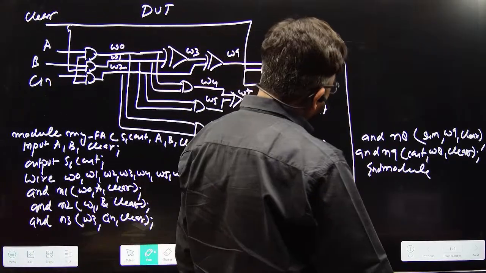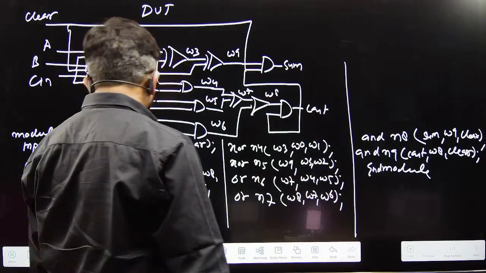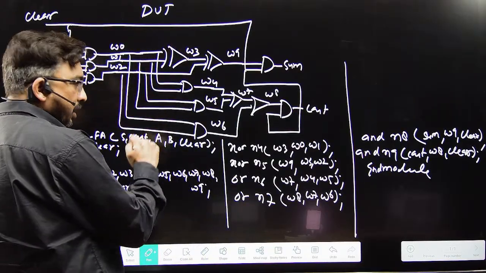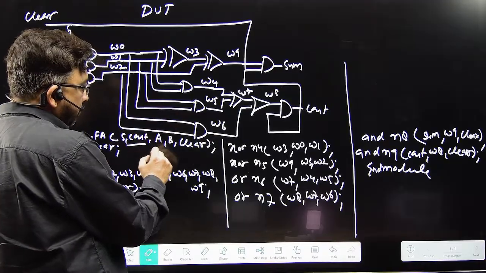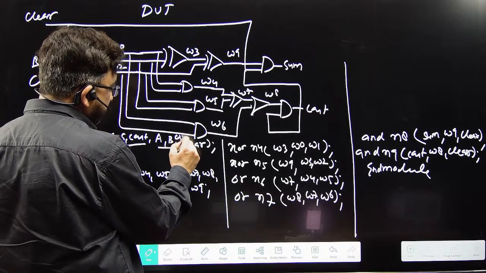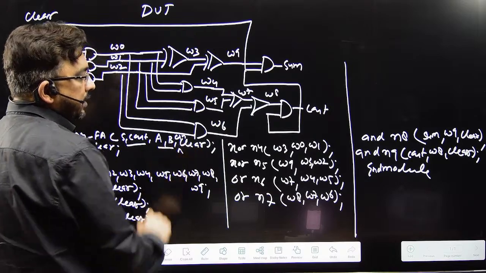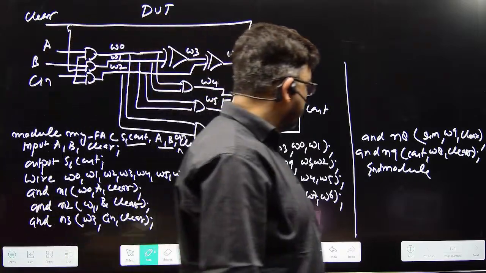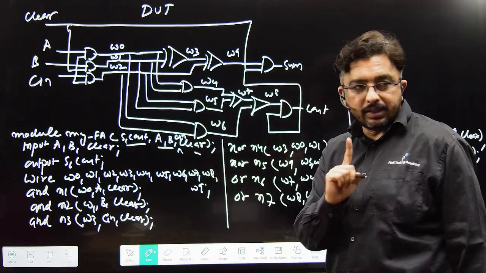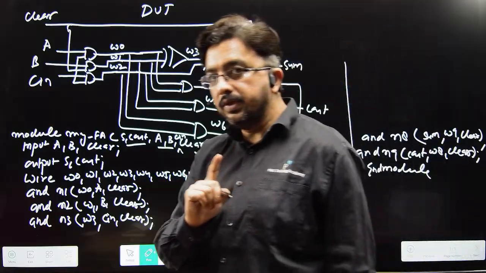So for this, please remember the position. Okay, sum at first, C out at second. So these two are my output. These are my input. Actually, C in also, I forgot C in also. C in and clear. So you remember that the last one is your clear. Please remember this.